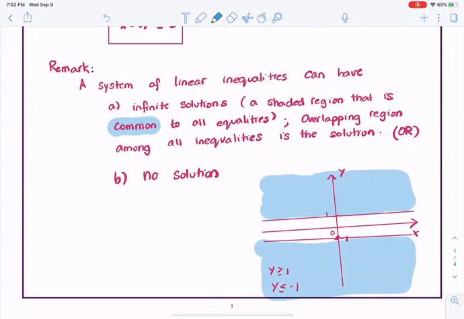And you can see that at the end of the day, there isn't a region that overlaps. In other words, we don't have a region that would satisfy both inequalities. So when we have the situation of no solution, that simply means no overlapping region.